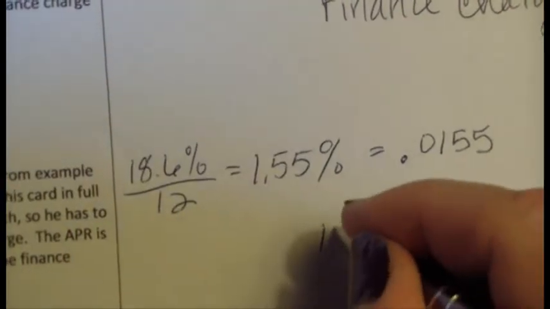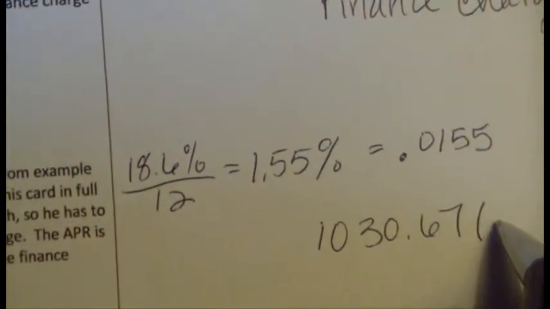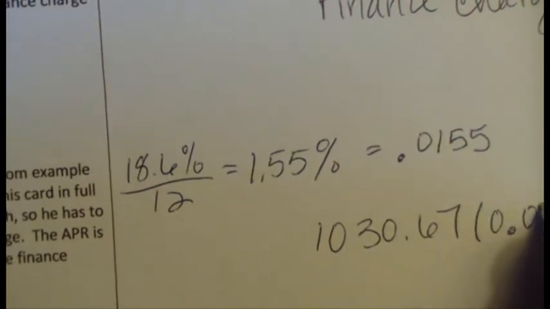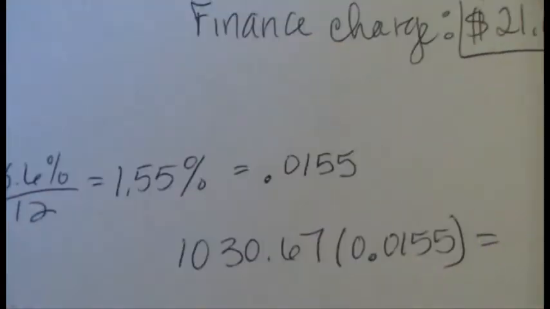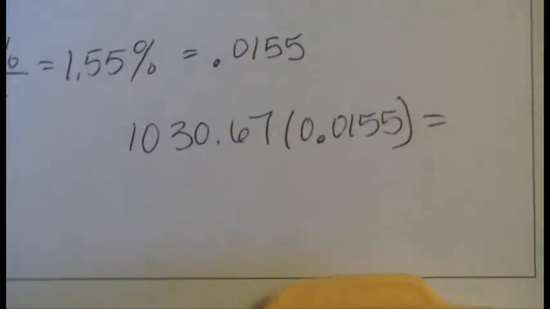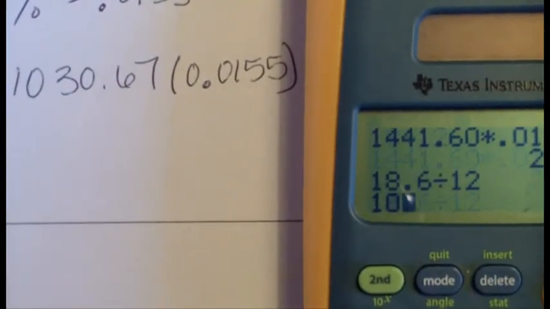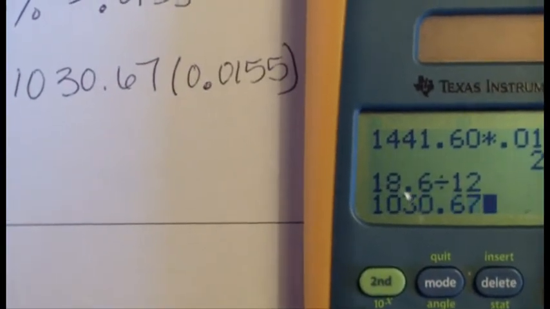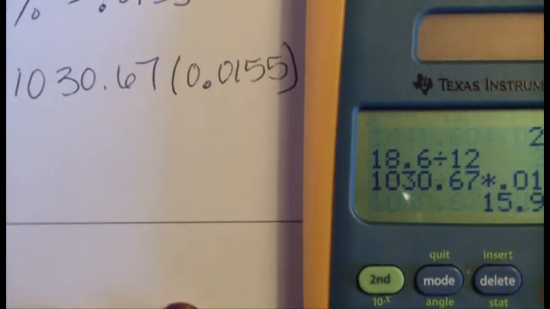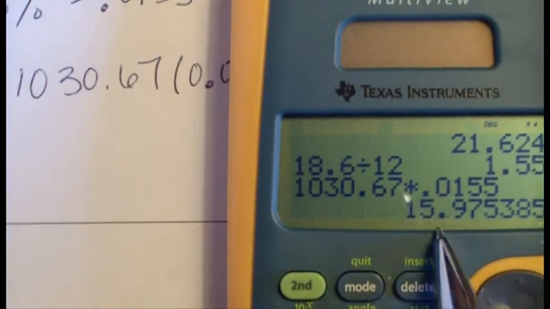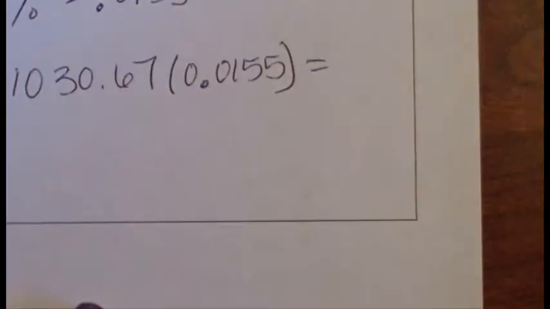If you look back at example 4, we calculated his average daily balance is $1,030.67. So $1,030.67 times his monthly percentage rate is going to give us our finance charge. So 1030.67 times 0.0155, and we get $15.98. We'll round that up since we got a 5 there.